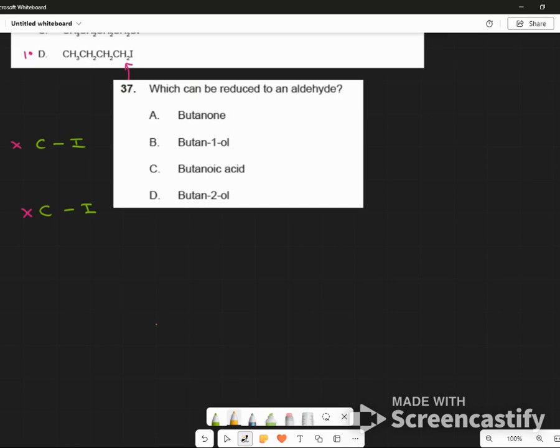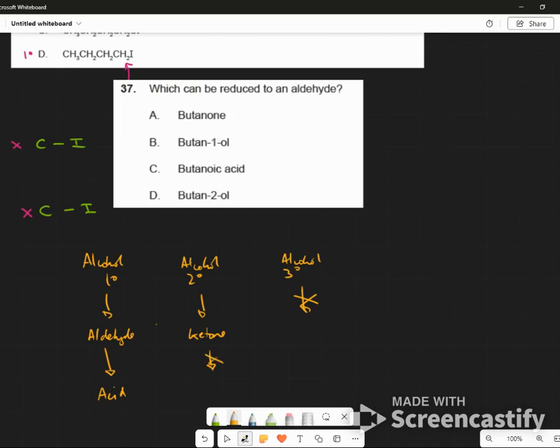Yeah, I'll do it. All right, so we start off with an alcohol. Primary alcohol, secondary alcohol, and a tertiary alcohol. Primary alcohols get oxidized to aldehydes. Secondary alcohols get oxidized to ketones. And tertiary alcohols don't get oxidized at all. Aldehydes get oxidized to carboxylic acids.